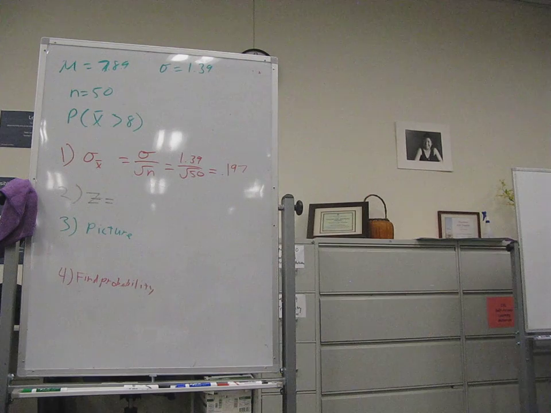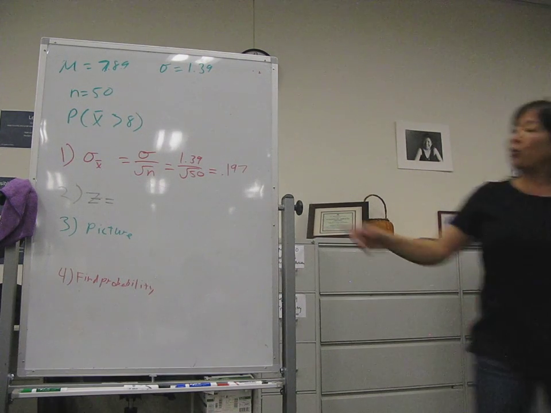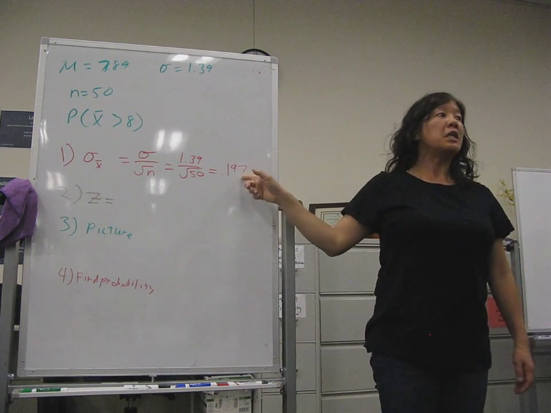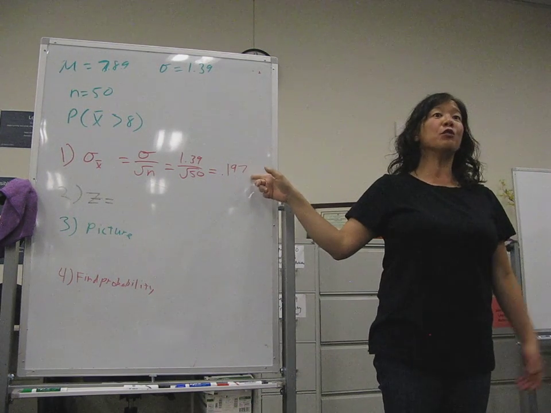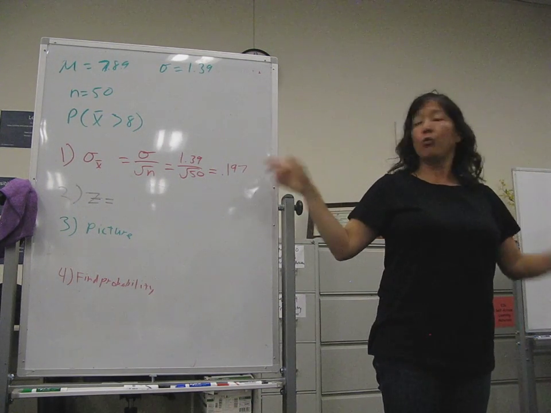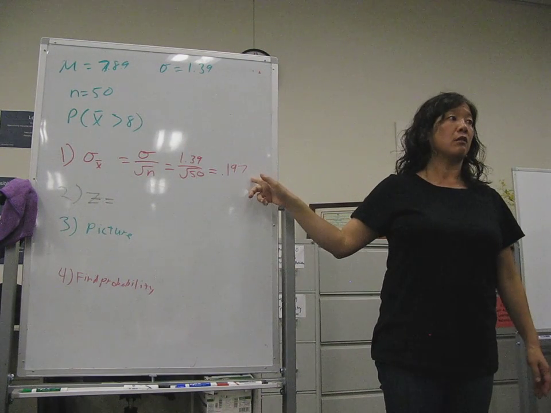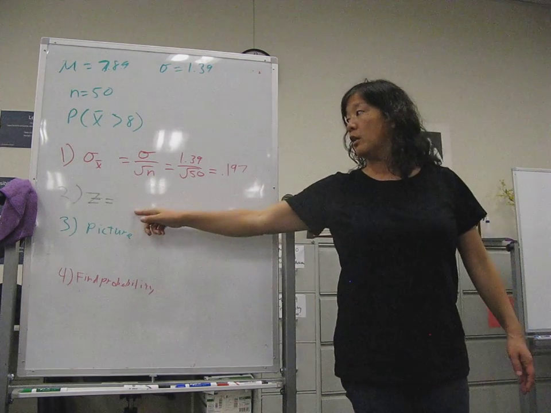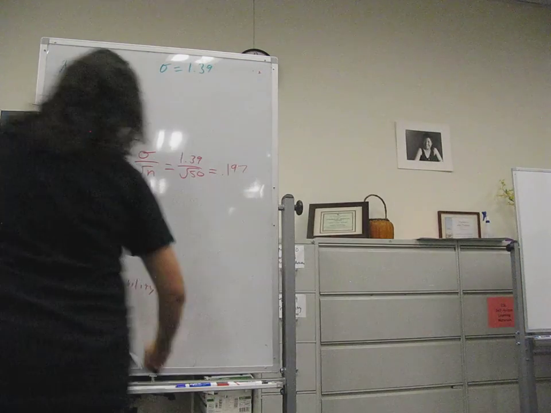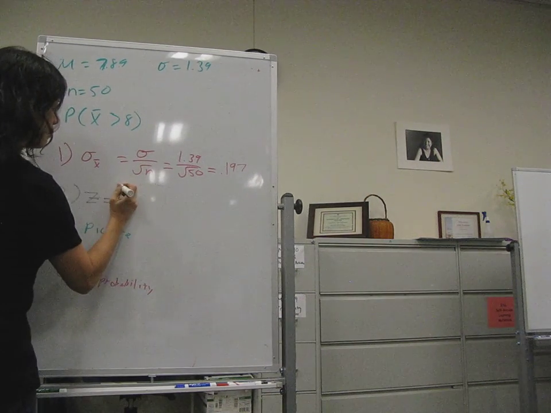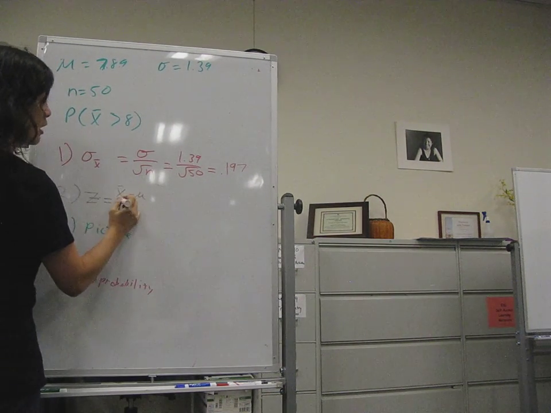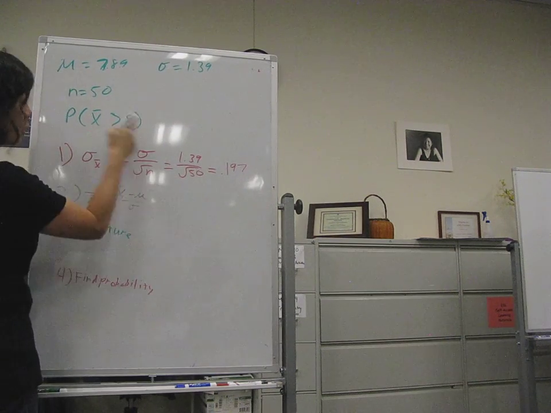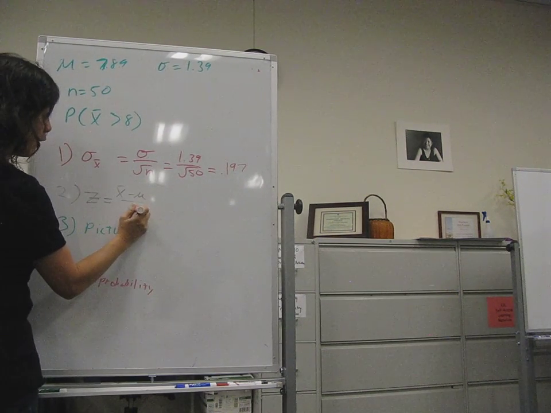For finding the z-score, is it x minus mu over sigma, or the new sigma? The new sigma. Heads up, we just computed this, which means we should use it. If we don't use it, it's just sitting there for no reason whatsoever. We computed it because you need to use this instead. So the z-score is x bar minus mu over sigma, but not the regular sigma, the new sigma x bar.